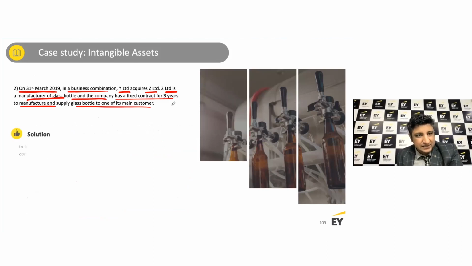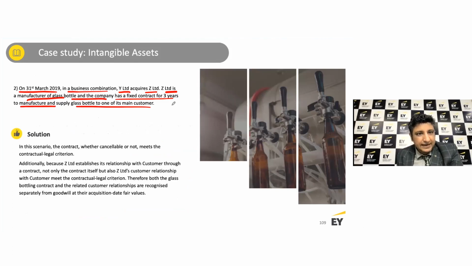Necessarily this meets the separability criteria because there is a relationship with the customer and, for that matter, the contract. So both aspects, the bottling contract and also the relationship, are recognized at their respective fair values on the acquisition date. Okay, that is something that you want to consider in such examples, right?